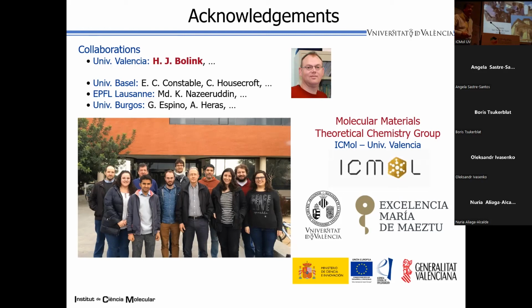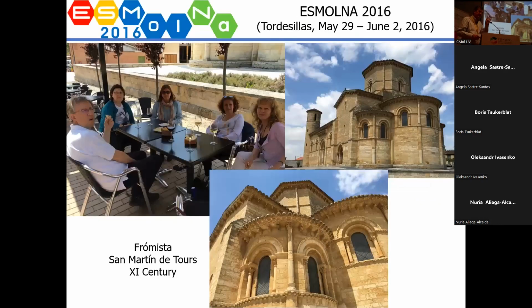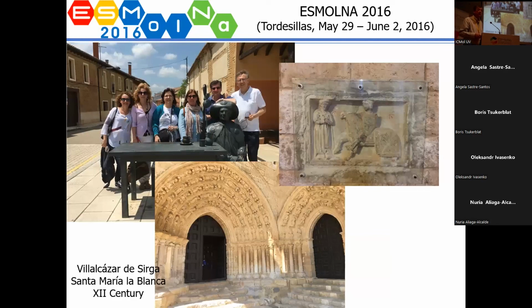The first place we visited, that was not the first, but this is a very nice Romanesque church, San Martín de Tours at Frómista, from the 11th century. Very nice. Also taste the wine and the cheese, please. This place is on the St. James Way, and this is a Templar church.